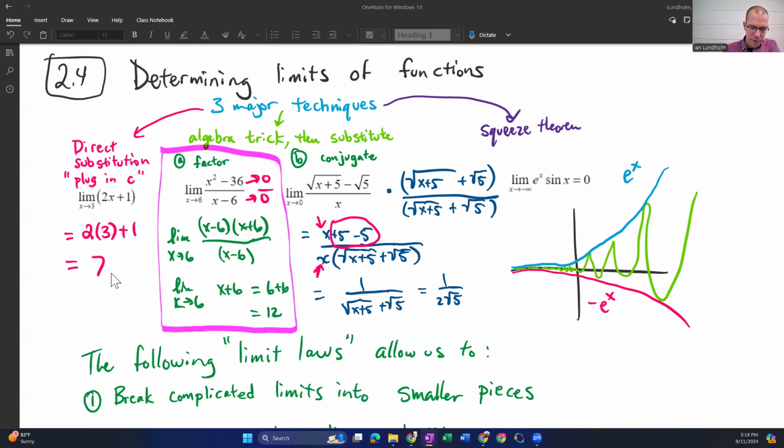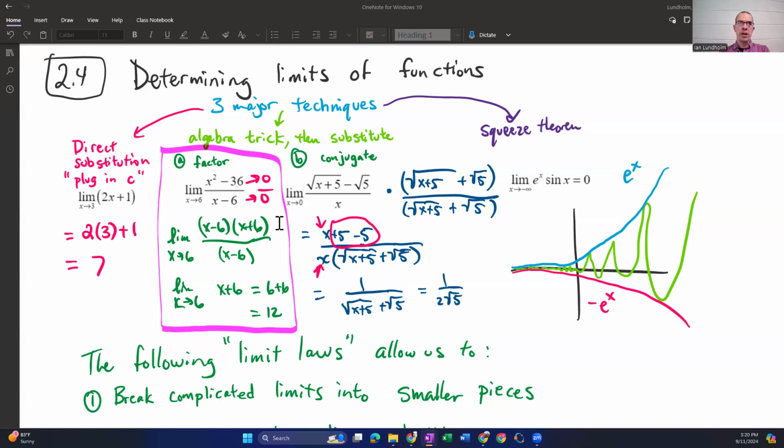So if we've got this quadratic over this linear term, both of those go to 0 if we try to plug in 6 right away. 6 squared is 36, so top goes to 0, bottom goes to 0. And that's an indeterminate form, and we wouldn't be able to evaluate the limit there.